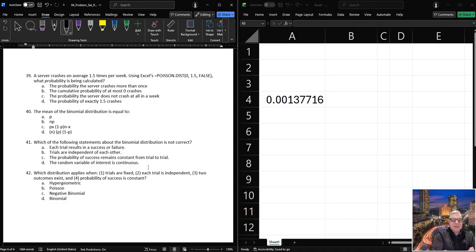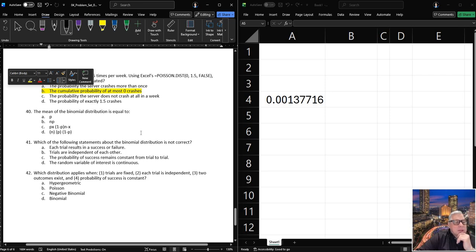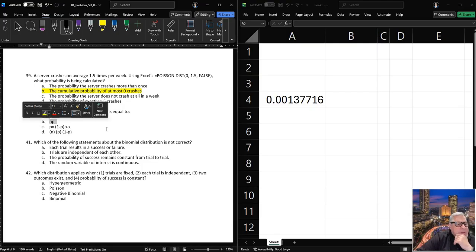That's the same even if it's false, because we can take that cumulatively. So it's the cumulative probability of at most 0 crashes. The mean of the binomial distribution, well, that's the number of events times the probability.